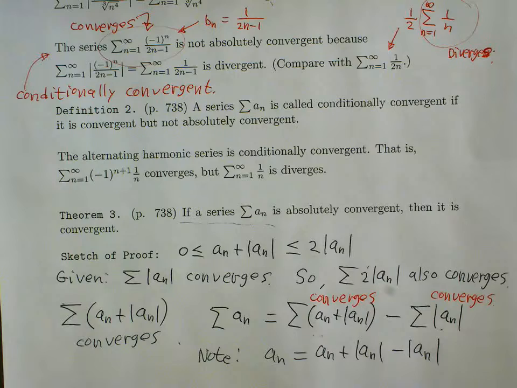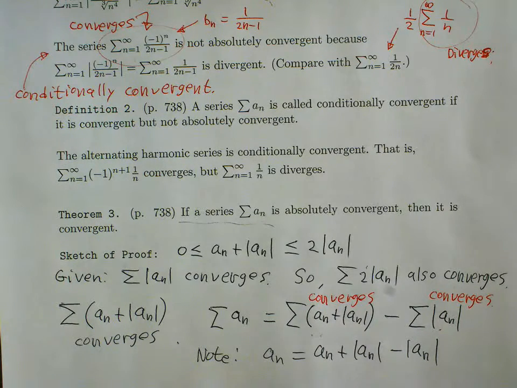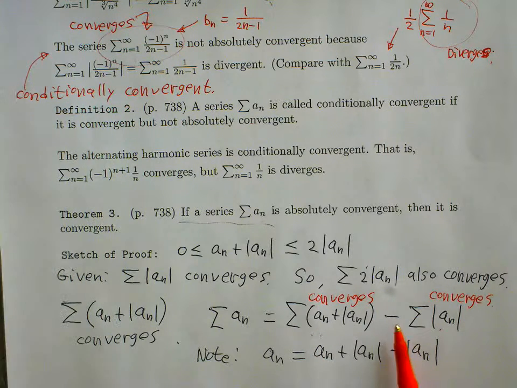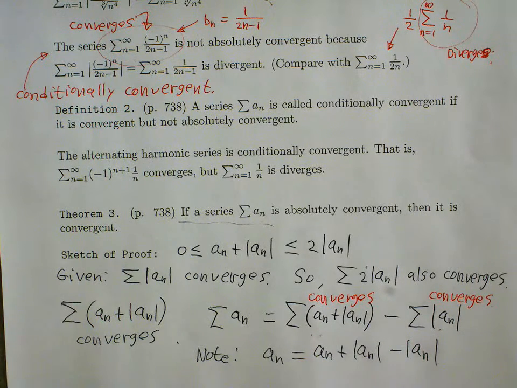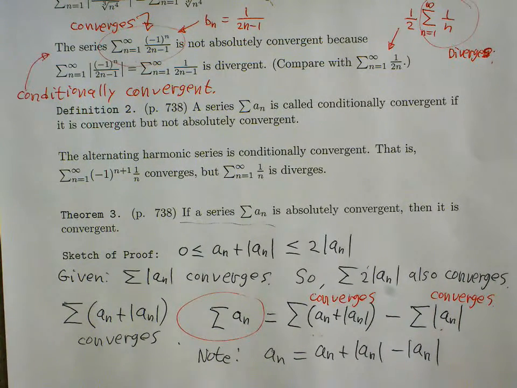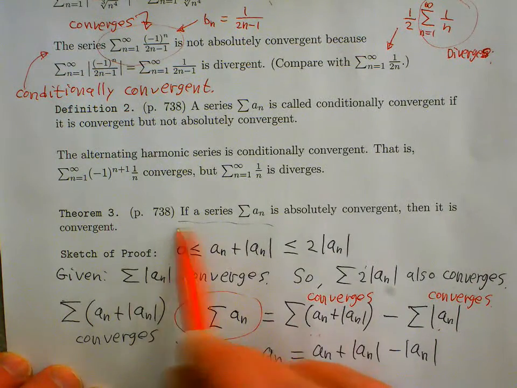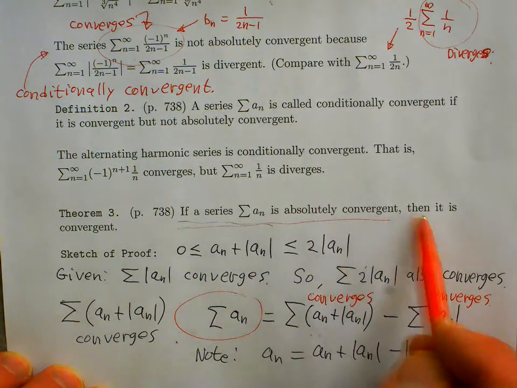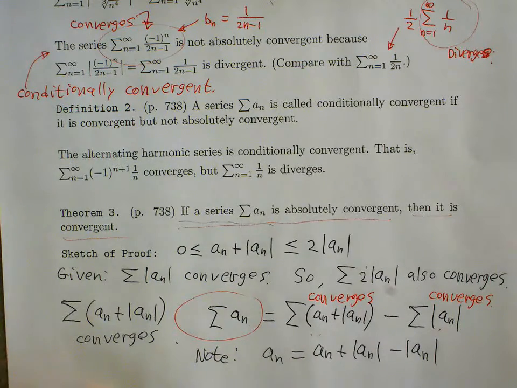And a few days ago, we saw one of the properties of infinite series. If 2 series both converge, then their difference also converges. But the difference is this series of a sub n terms. So if you can remember that if a series is absolutely convergent, then it is convergent, that's what you'll want to remember.